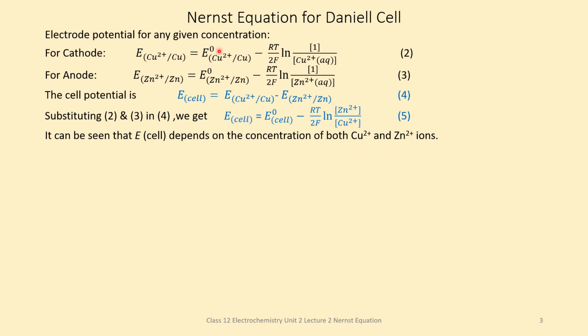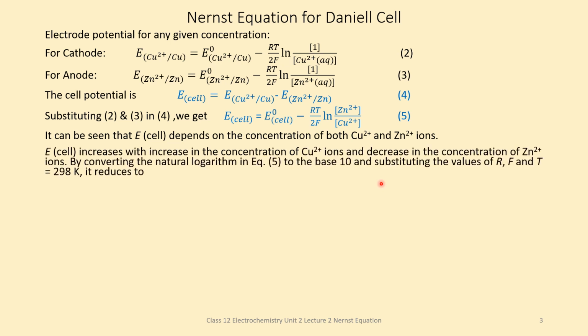It can be seen that the electrode potential of the cell depends on the concentration of both Cu2+ and Zn2+ ions. E cell increases with increase in the concentration of Cu2+ ions and decrease in the concentration of Zn2+ ions.